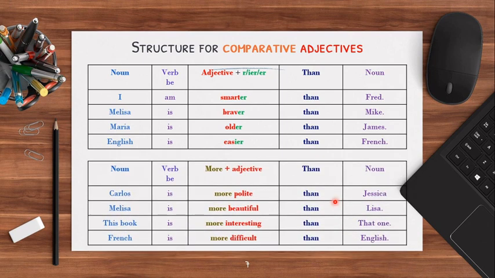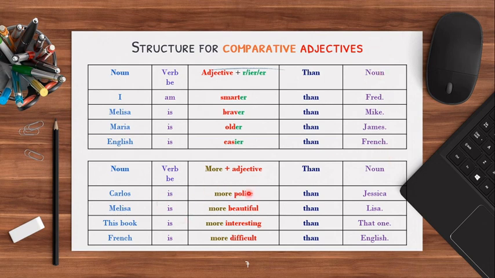So next, I hope this one on top is completely clear. We just add the noun, the name of the person we're going to compare, the first person, and then the verb be that you need to master for this lesson, and the adjective plus the comparative spelling, and then the word than, and the other noun.